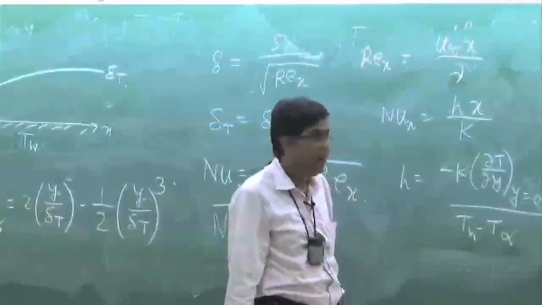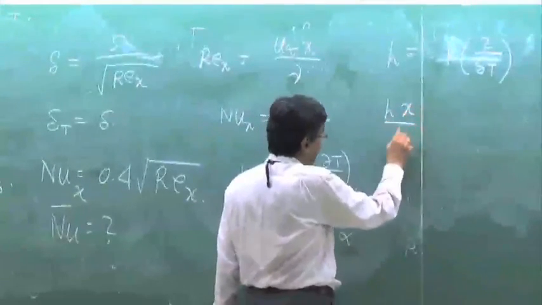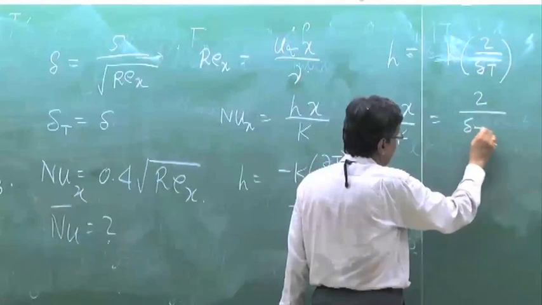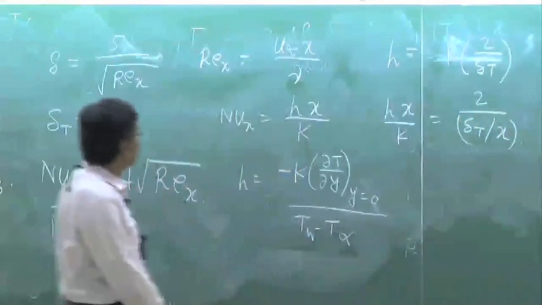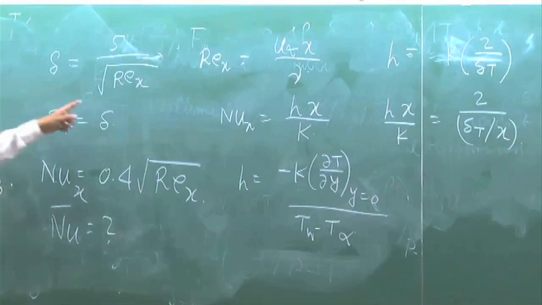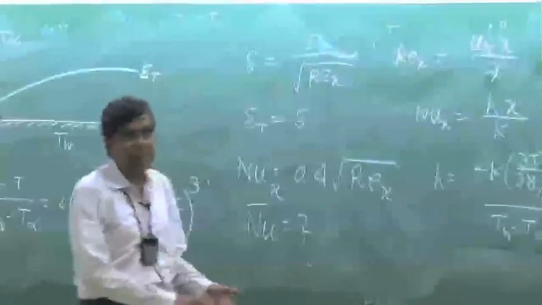Okay? So, hx by k is 2 by delta T by x. Now, what is delta T by x? Delta is 5 by root over Rex, delta T is root over this thing. So, what is this? Delta T by x.